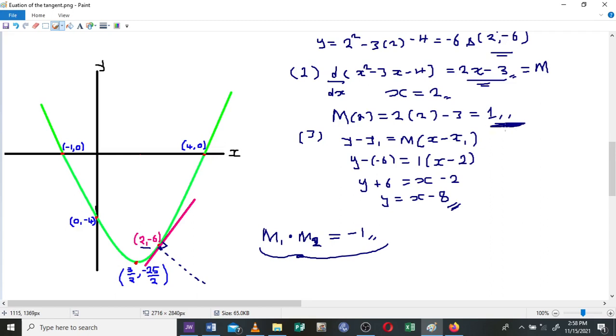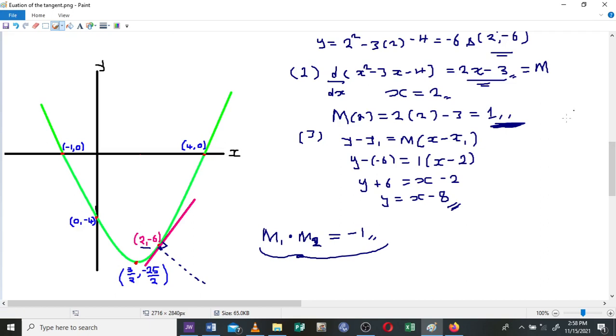At that point the gradient is positive 1. There is a normal line which is perpendicular to the tangent, and that tangent line has a gradient of 1.